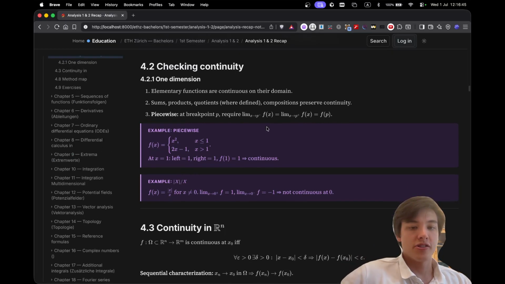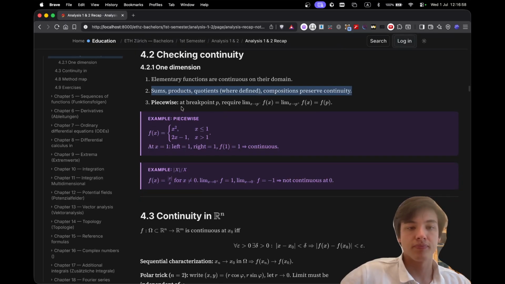Checking continuity. Elementary functions are continuous on their domains, and then sums, products, quotients are continuous where defined, compositions preserve continuity. Piecewise, at the breakpoint, the two values closing in on each other need to be the same.